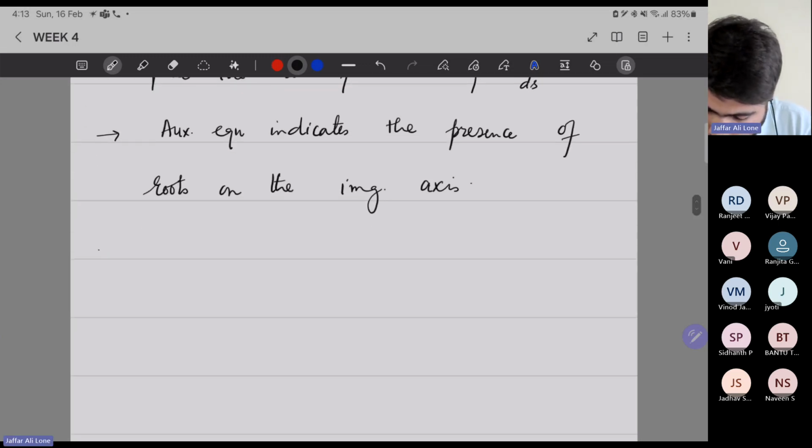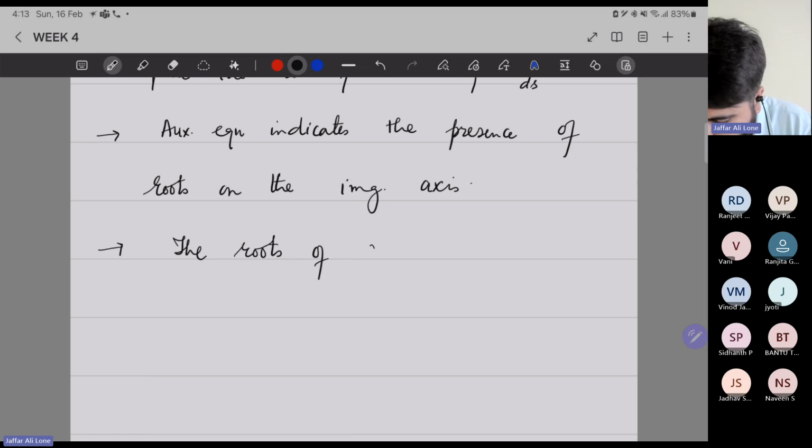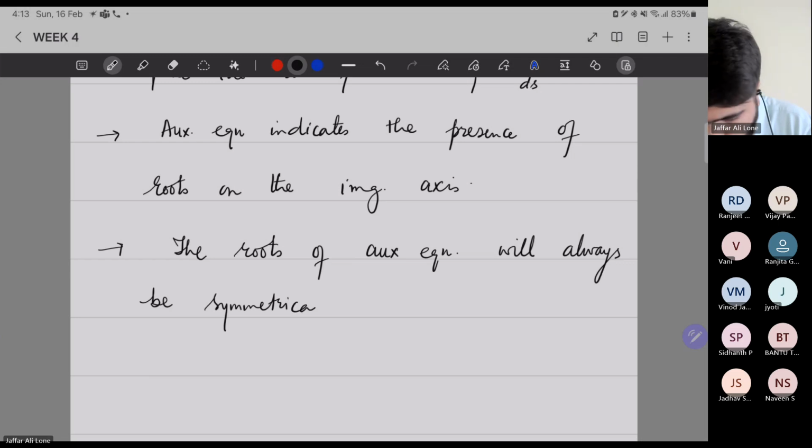One more important thing is the roots of the auxiliary equation will always be symmetrical about the imaginary axis.